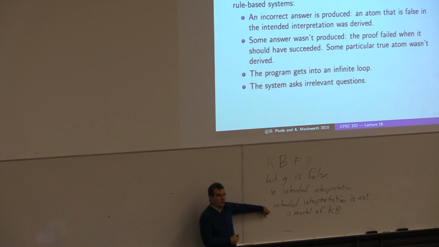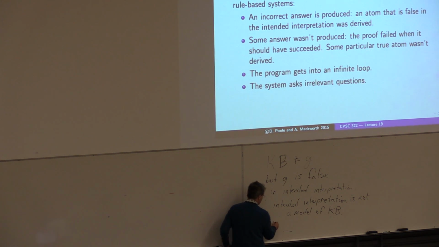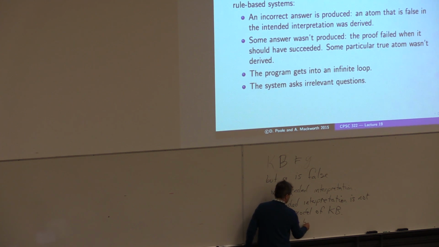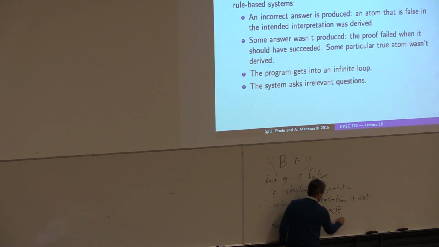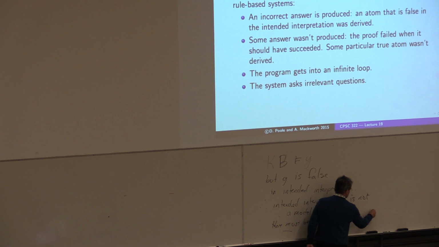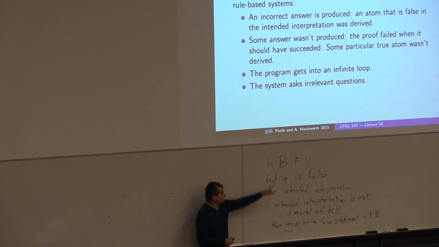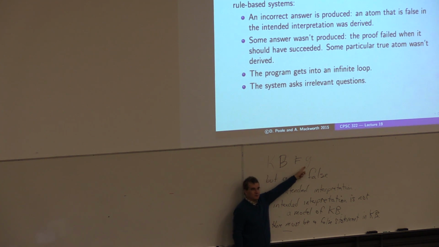There's a wrong statement in there. There's something wrong in the knowledge base. There must be a false statement in the knowledge base. Right, so this is buggy. There's something wrong with this. This is not a model. If it was a model, then G would have to be true in the intended interpretation, so it's not.